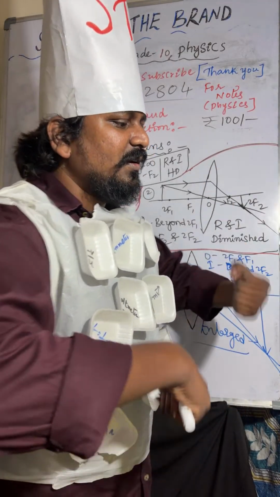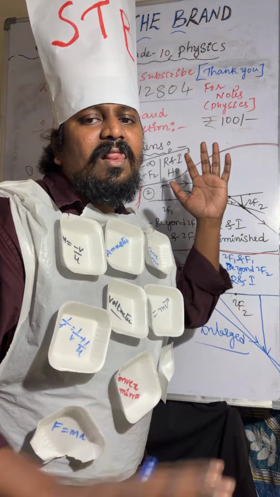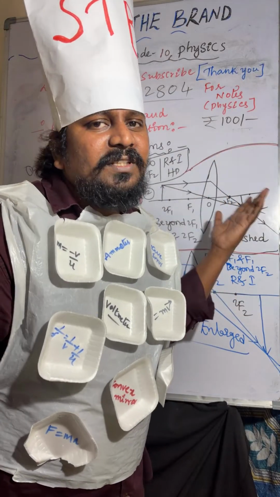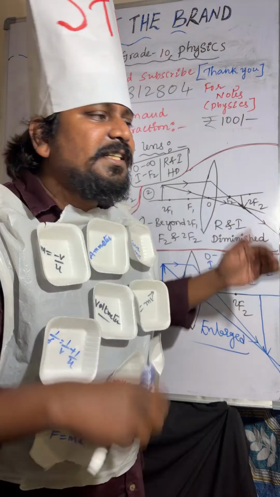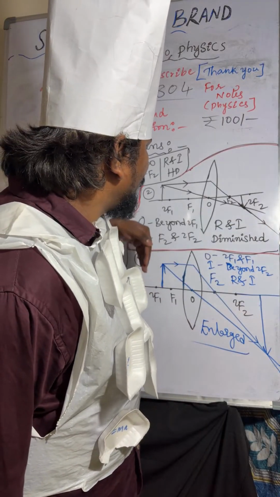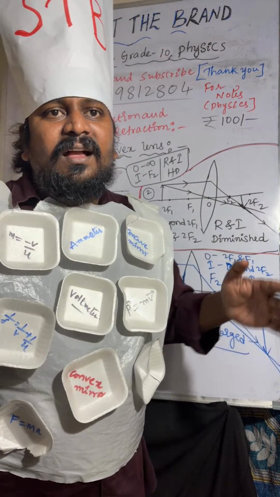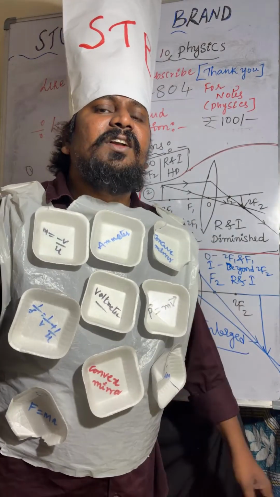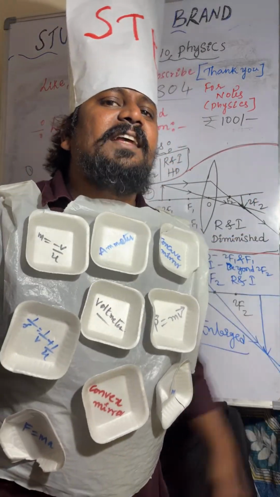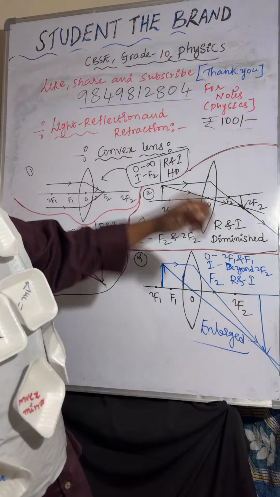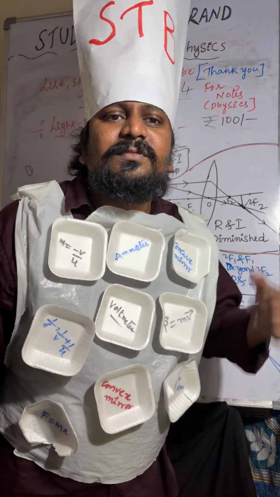Real, inverted, enlarged. Where is the object placed? Object is placed between 2F1 and F1. Image is formed beyond 2F2.